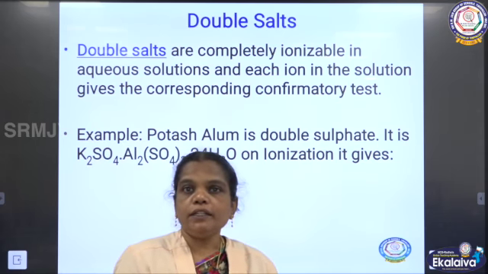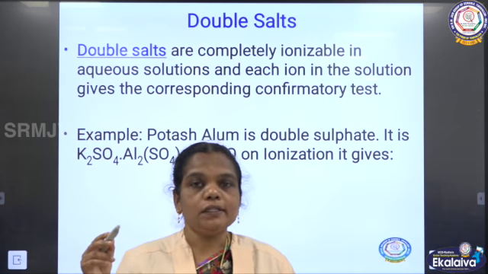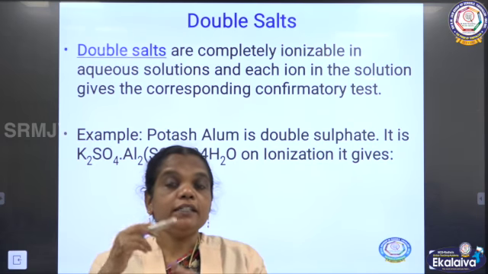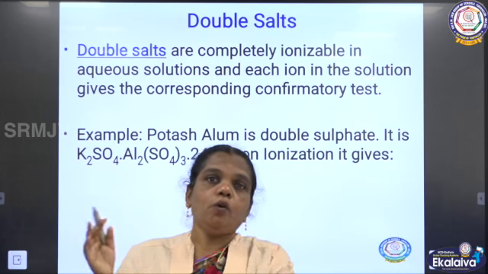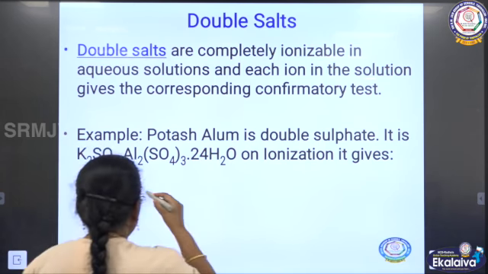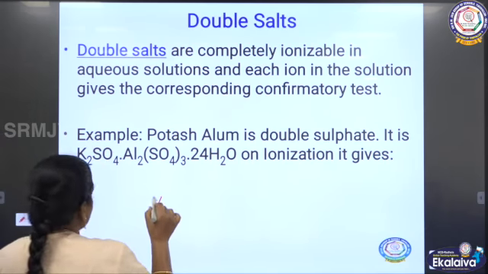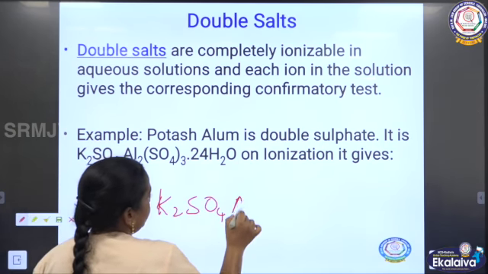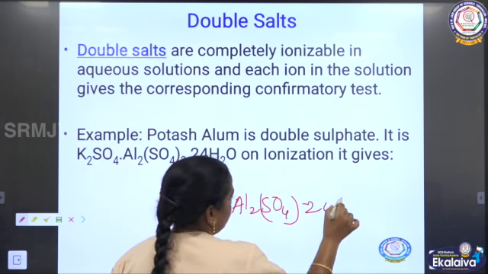In the coordination compound also, an array, a row of ions or molecules is arranged, but the ionization is different. There is some unionized part in the coordination compound, but if you see a double salt, for example potash alum, K2SO4 Al2(SO4)3 24 water molecules.